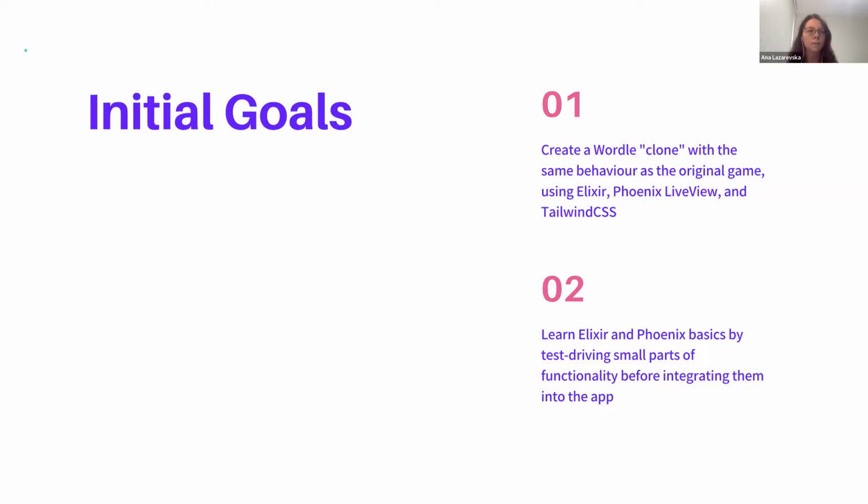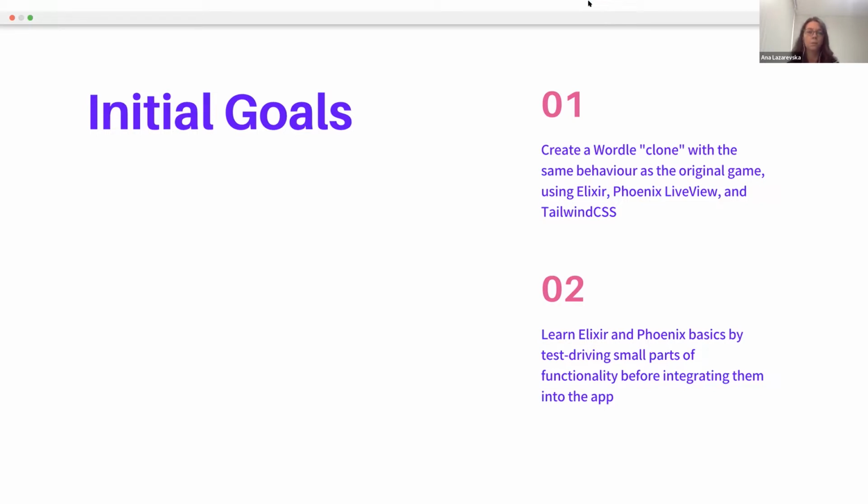So hello, everyone. First, we'll mention some of the goals. The goal was to create a clone of Wordle, which is a word game, for those who don't know. But we needed to develop it in Elixir, unlike the original Wordle, which is done in JavaScript.